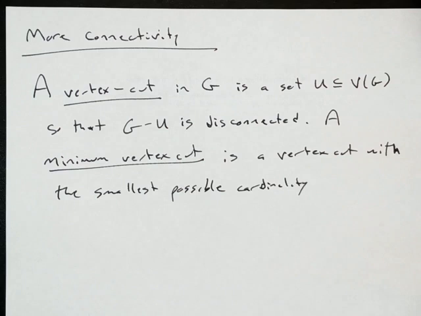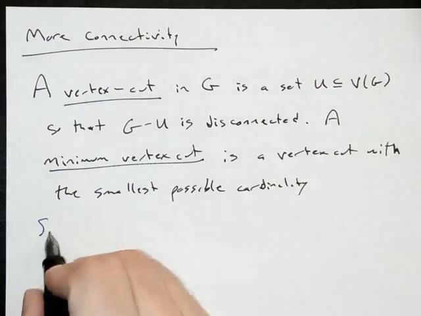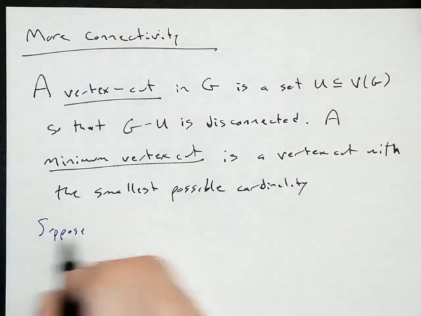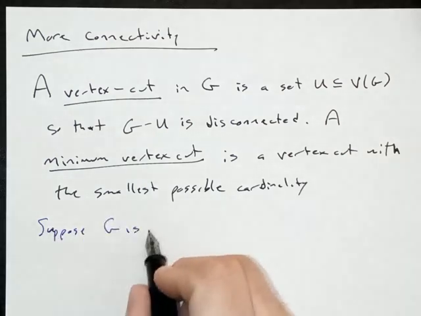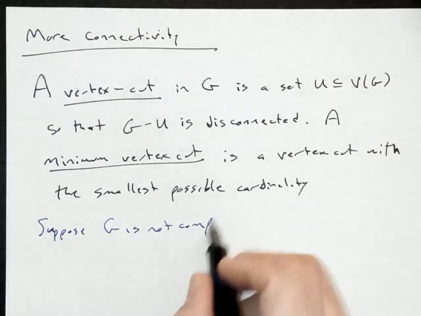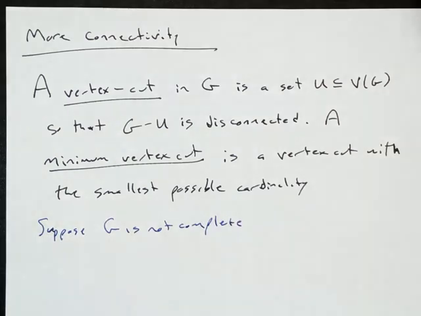If you have a graph, let's assume for a moment, what does it mean if I tell you my graph is not complete?